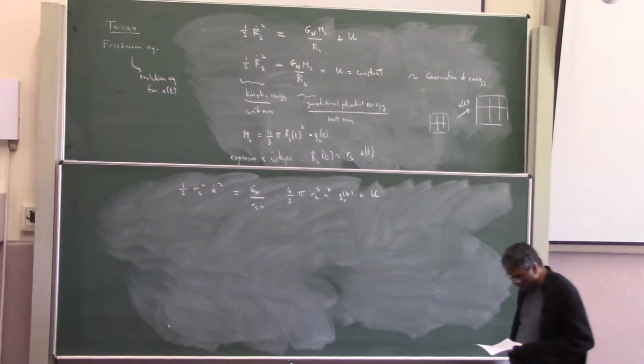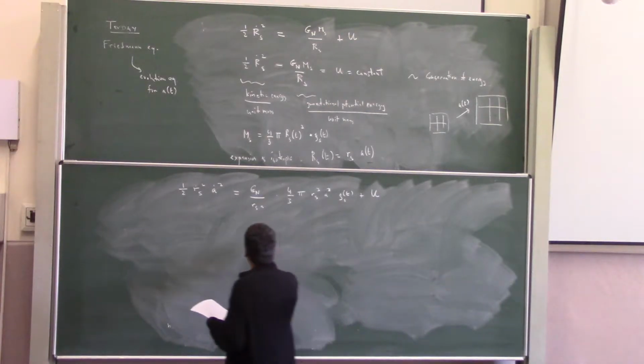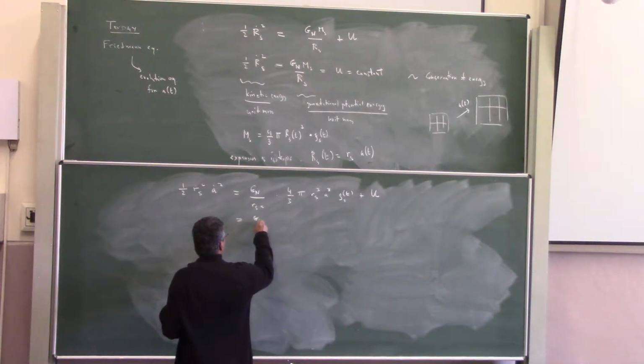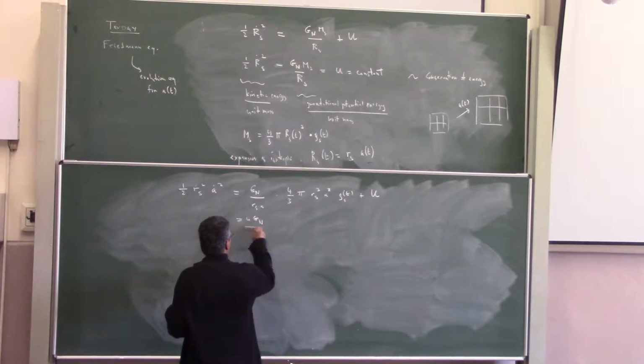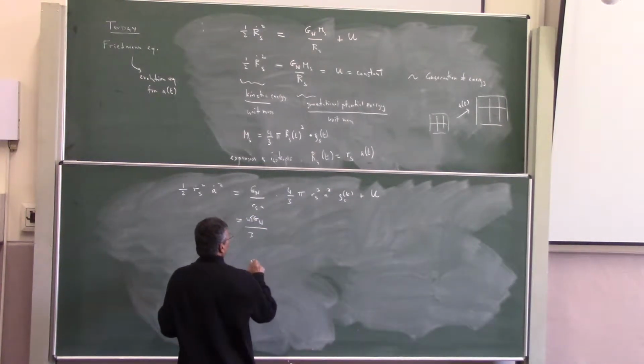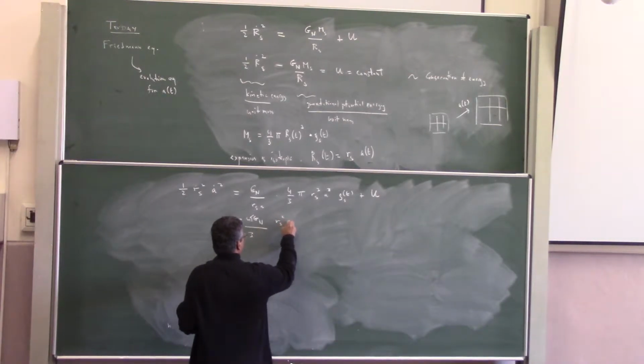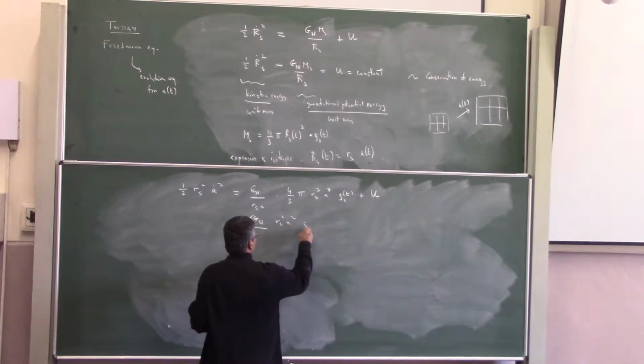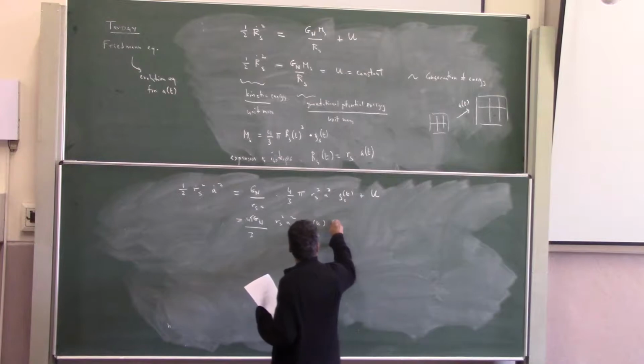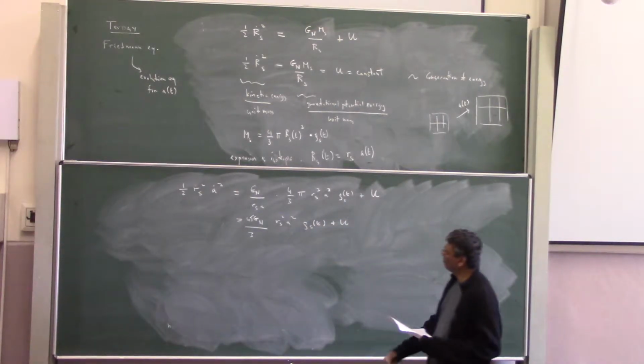Okay, so let's simplify this again. This is G Newton, 4/3 pi up here, Rs squared A squared rho s of t, plus u.